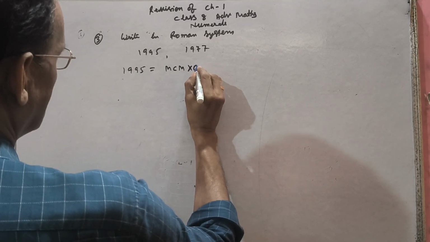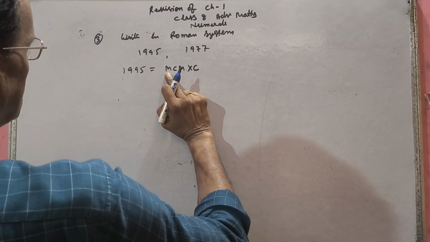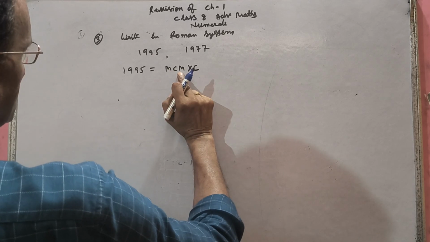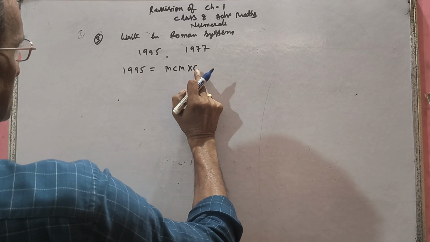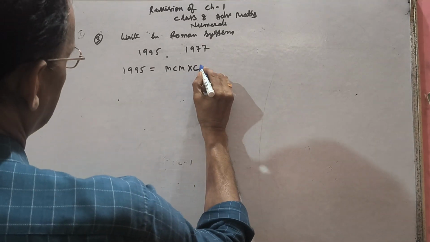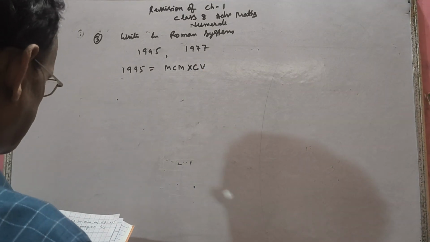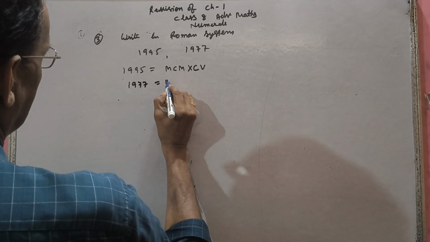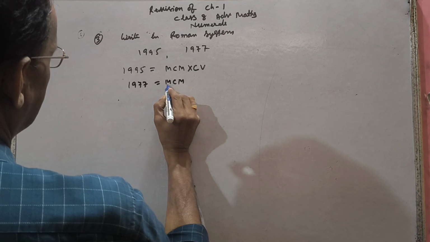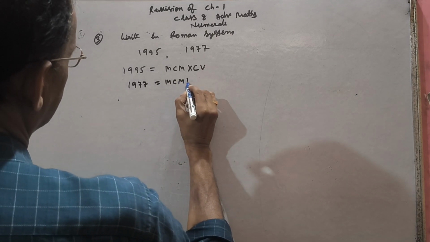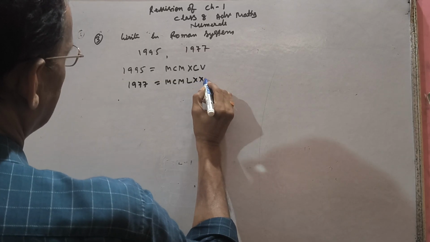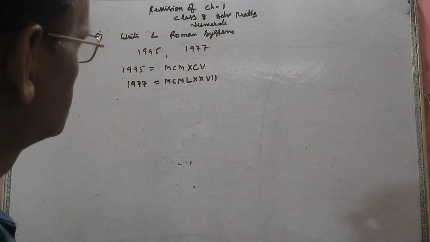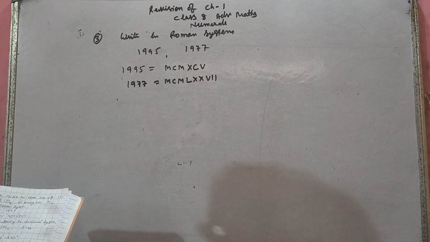And this is 90: 100 minus 10, then 95. Understood? Then similarly 1977: MCM is 1900, then 50, 60, 70 and 7. Okay.